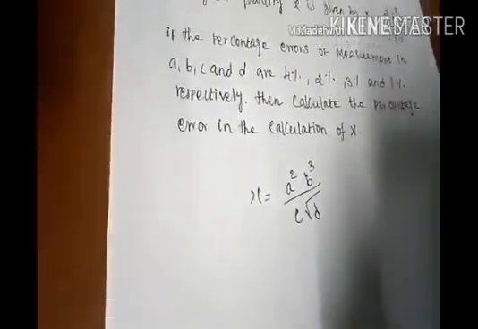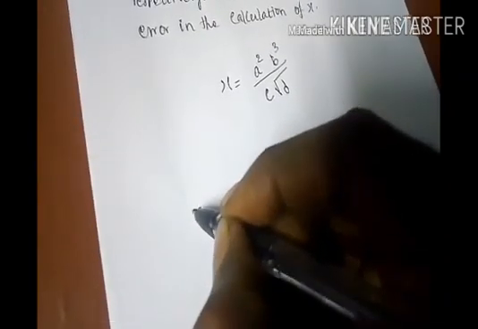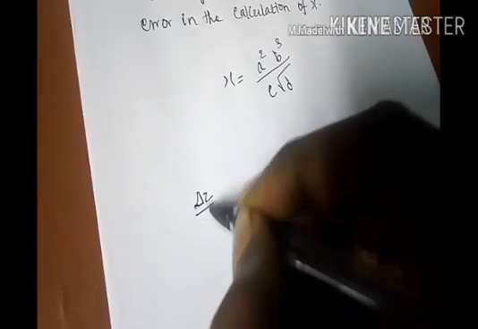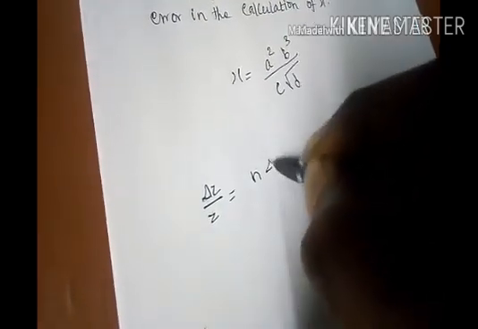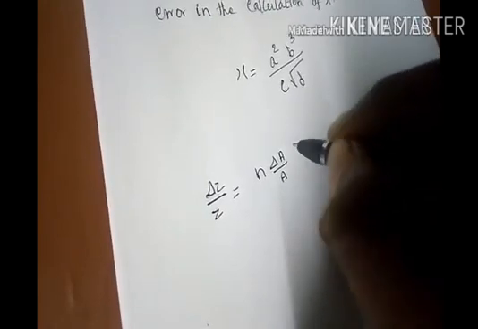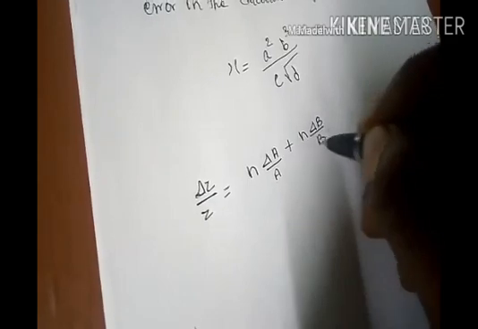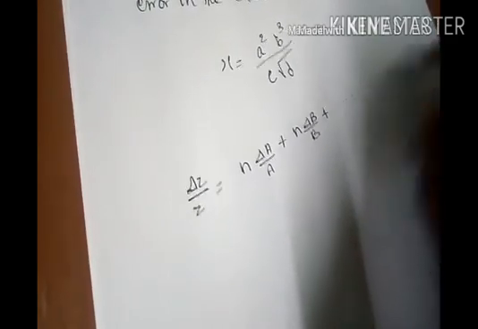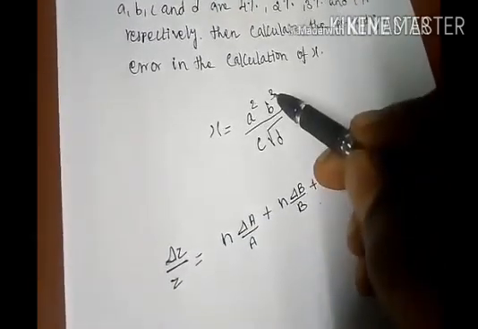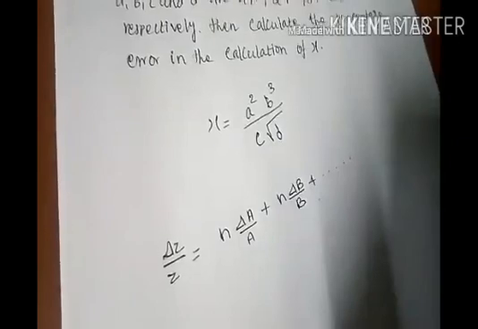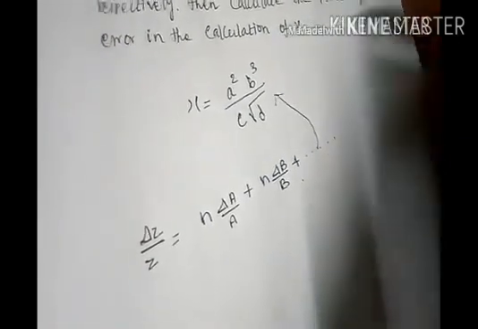The general expression is del z divided by z is equal to n into del a divided by a plus n into del b divided by b plus and so on. This is the general expression for a quantity with powers.